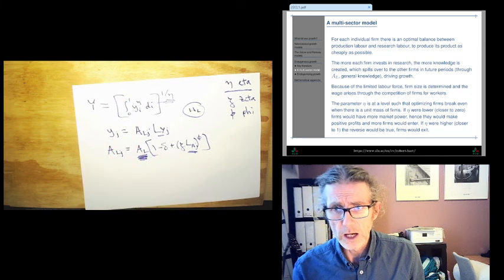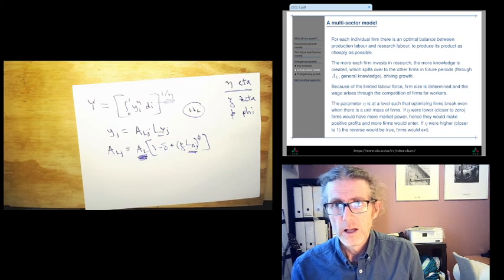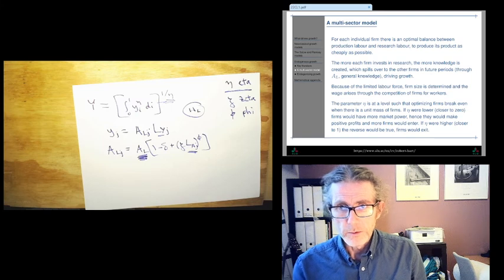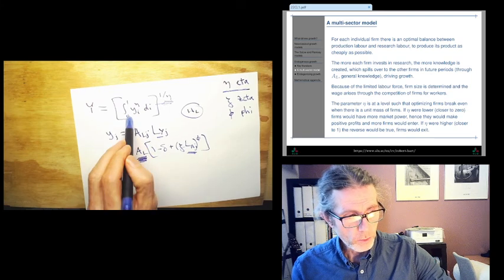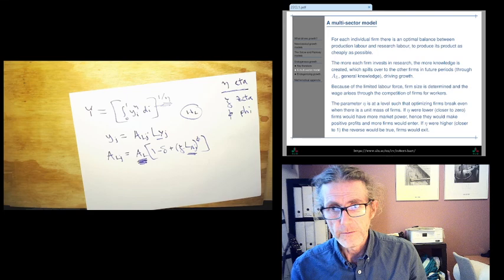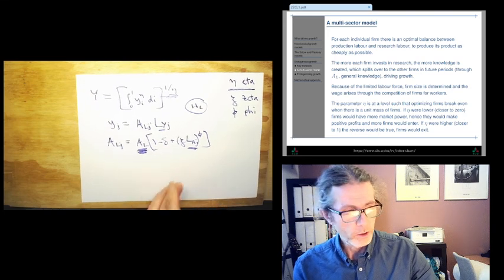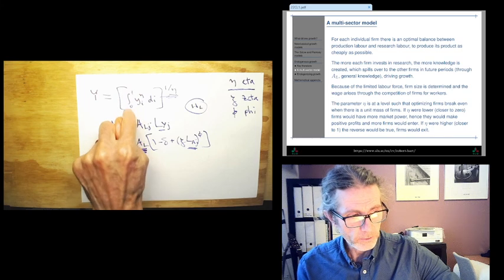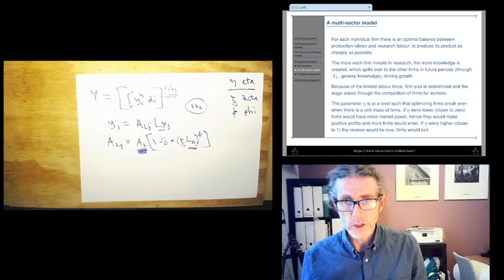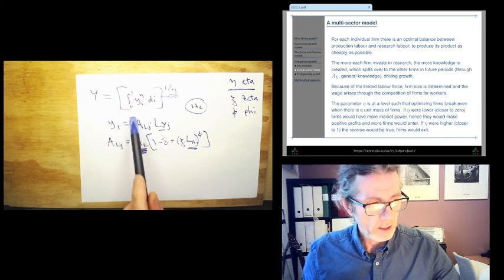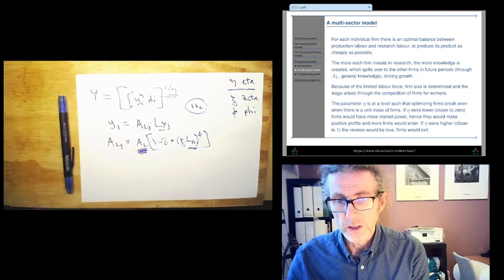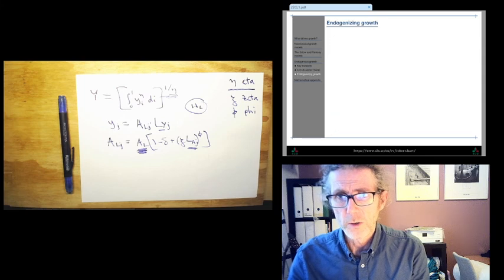If eta were lower, firms would have more market power, hence they would make positive profits and more firms would enter, so then there should be more than a unit mass of firms. If eta were higher, the reverse would be true, firms would exit, and in equilibrium the mass of firms would be less than 1. But we choose an eta such that a unit mass of firms is optimal in the long run, or it's a market equilibrium.